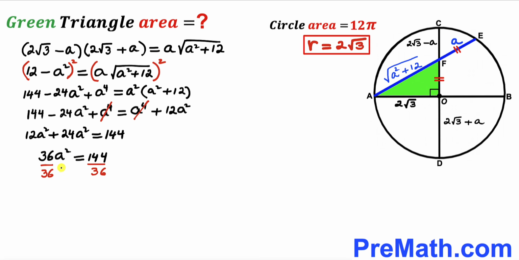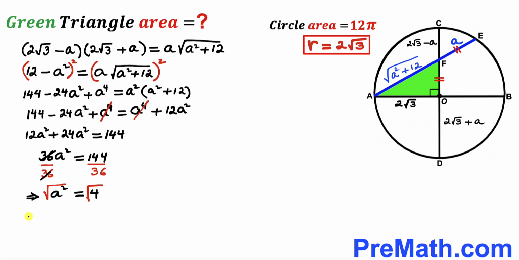And now we are going to divide both sides by 36 to isolate a square. 36 and 36 is gone. So therefore, our a square value simply turns out to be 4. And now I'm going to undo this square by taking a square root on both sides.